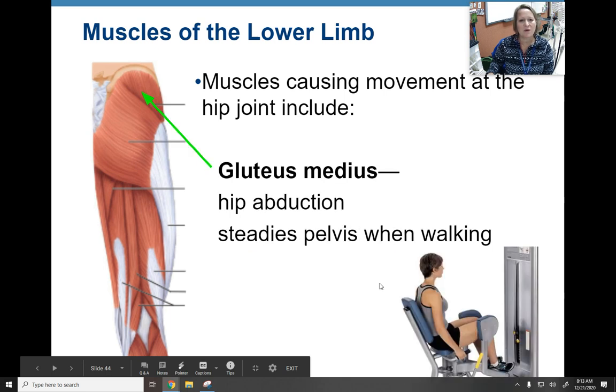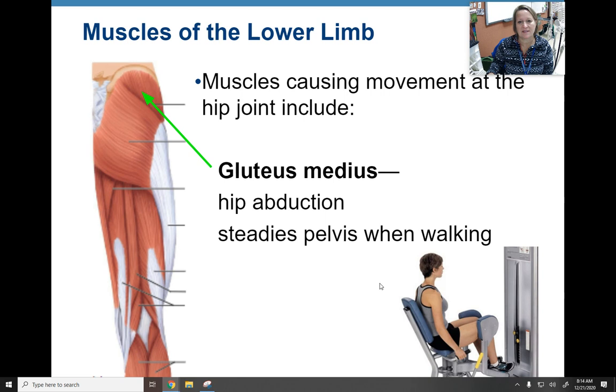The next one that I want to highlight is the gluteus medius. It is the smaller of those muscles in the gluteal region. This one that we're going to highlight, we're not looking at the minimus, but this is responsible for hip abduction. Remember, ab means away.